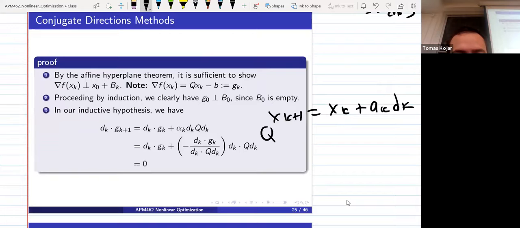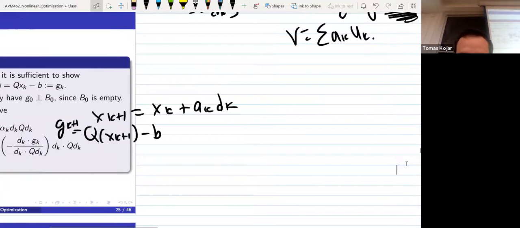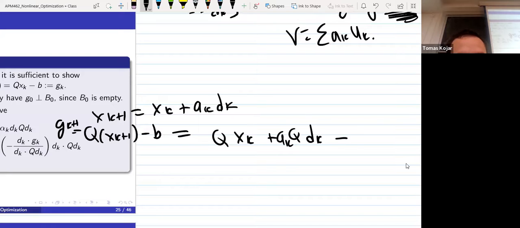So you have q of x_{k+1} minus b, so this is the g_{k+1}. Let me do the calculation here. This is q of x_k plus a_k q of d_k minus b.